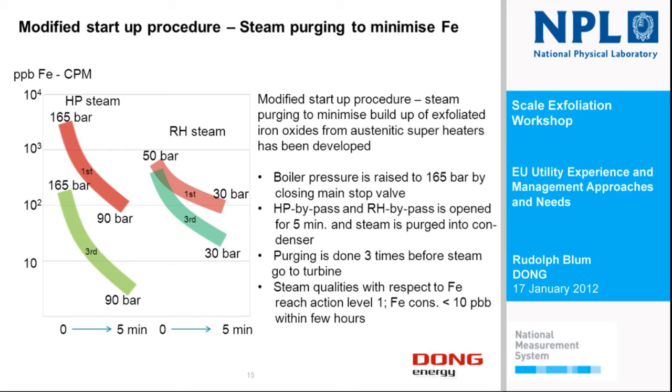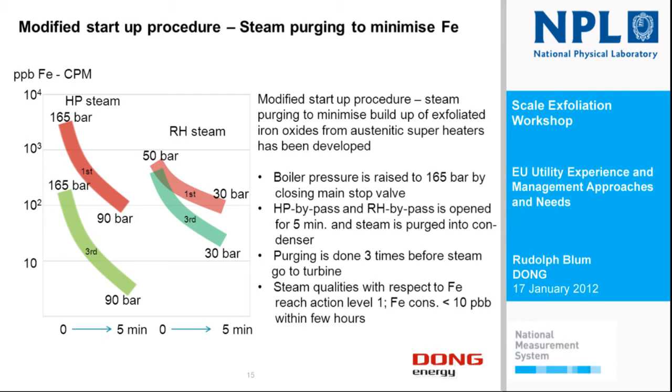When we come to the third purge, you start at about 150 to 200 micrograms, and you come down to far below 10 micrograms. And here are the same measurements made in the reheater. The first purging goes from 50 bar to 30 bar, and the second purging is also from 50 bar to 30 bar. You see in the reheater section, we are coming down to close to 10 micrograms.